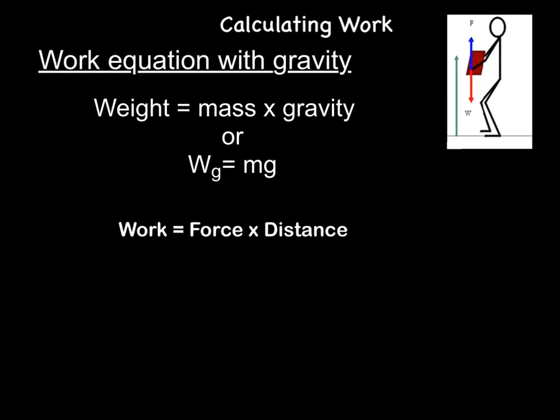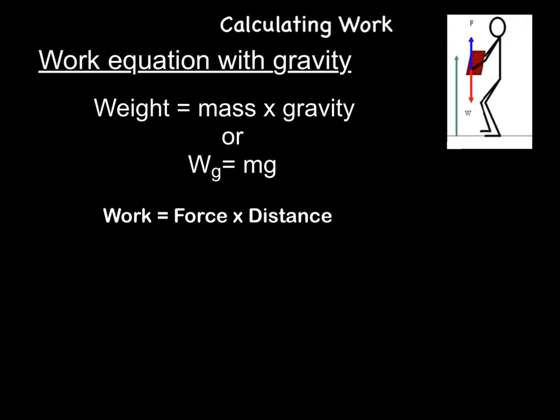Because we also have our work equals force times distance equation, which can also be written as big W equals F times D. So it gets a little confusing because we have two W's in equations, but the W's mean very different things. This W means weight, and this W means work. So we need to make sure that we're keeping track of which W is which.